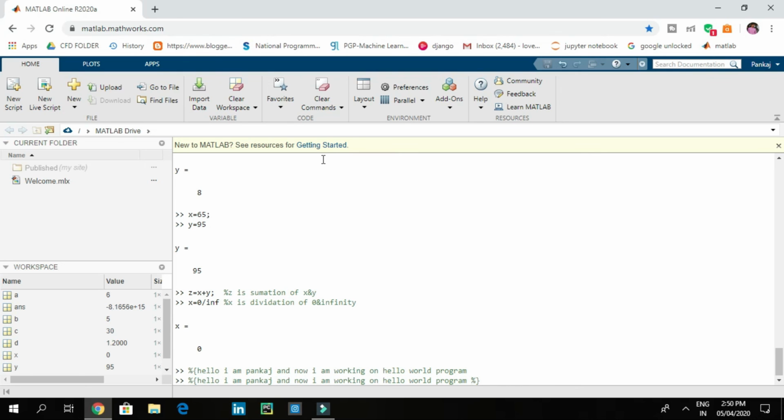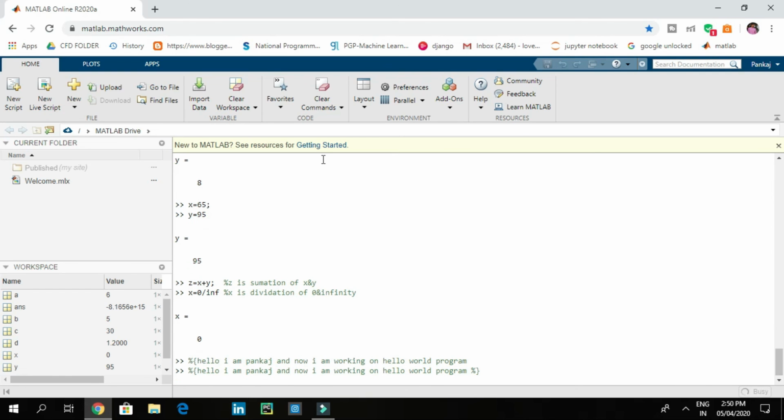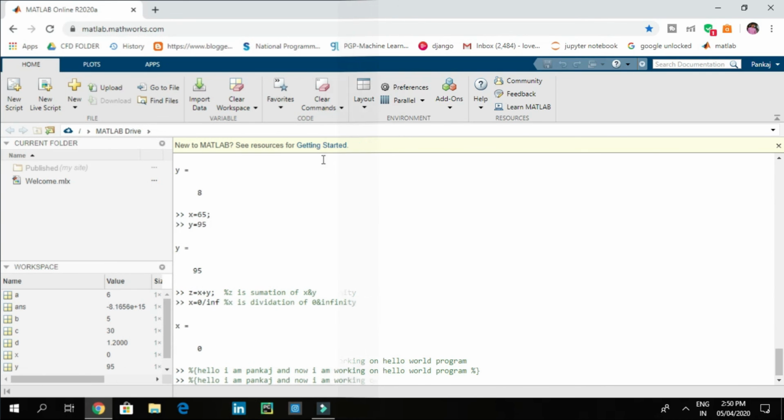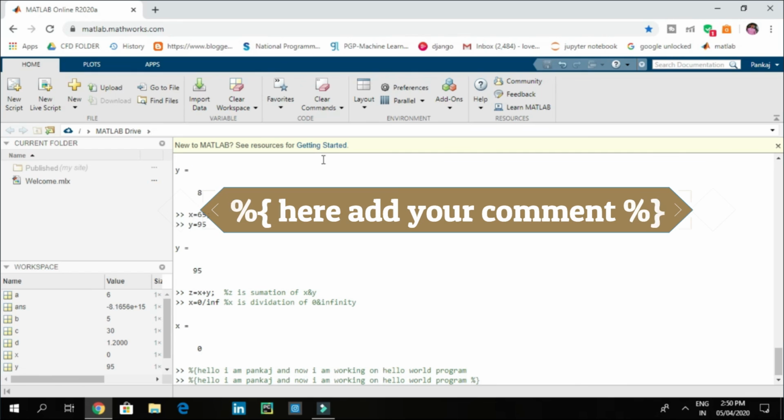And again percent and closing curly. So we have percent opening curly bracket, then the body of the comment, then percent closing curly bracket.